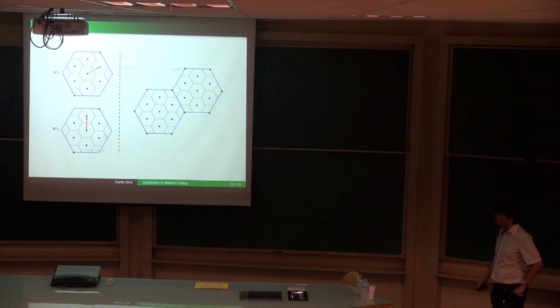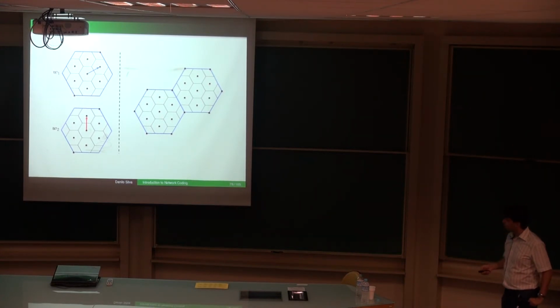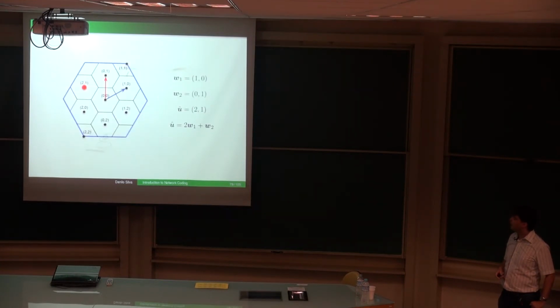Okay, so let me give you an example. Suppose you want to transmit this: user 1 is transmitting this lattice point, user 2 this lattice point, corresponding to some messages W1, W2. And suppose the channel gains are 2 and 1. So the first lattice point is multiplied by 2, the second is multiplied by 1, and added, right? And here you have the effect of the noise. So you just decode to the nearest lattice point and then read the labeling.